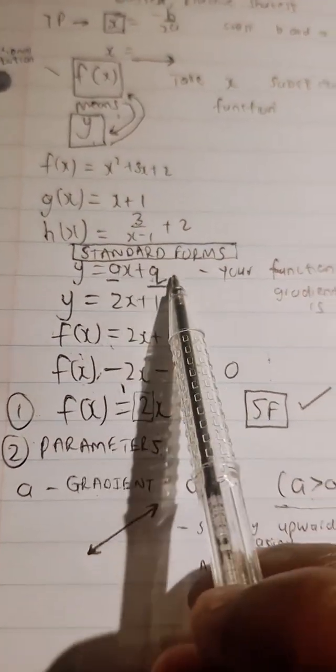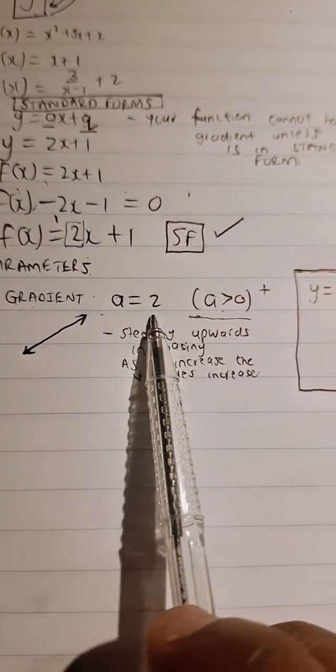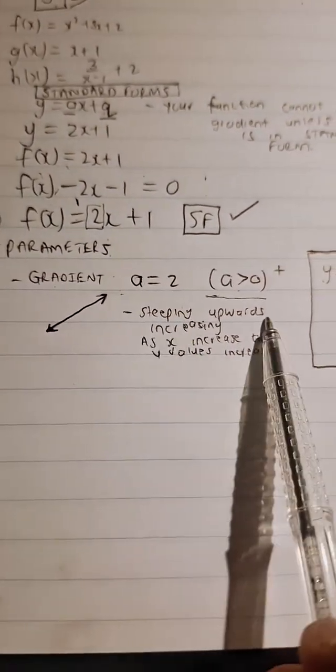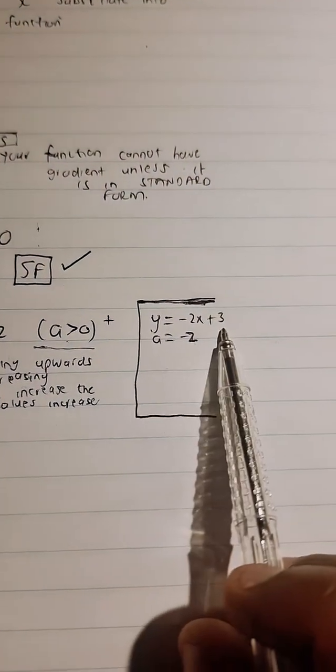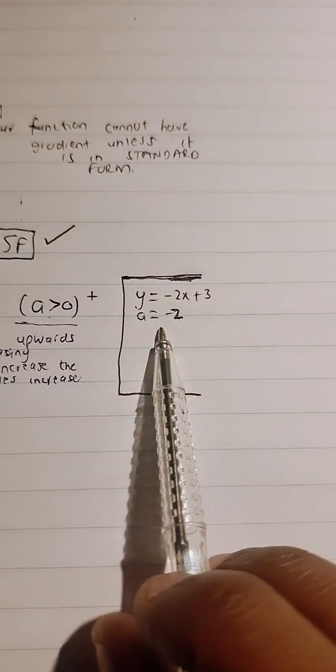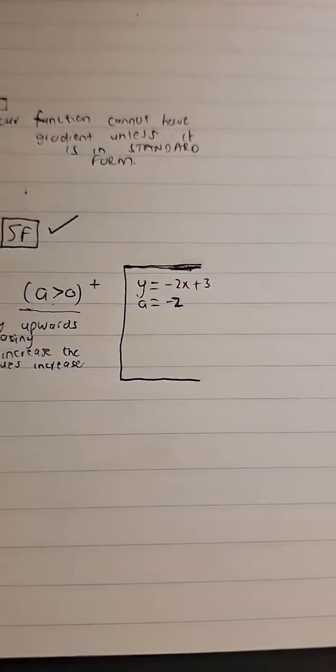In other words, your A and your Q. So your A value, we said, is the gradient. If A is positive, we understand we have an increasing, steeping upward straight line. Now you are saying here A is equal to negative 2, right? And we can say that comfortably because this equation is in standard form, all right? What type of straight line is our function when A is negative 2? We can expect a line, since A is less than 0, we expect a decreasing straight line.